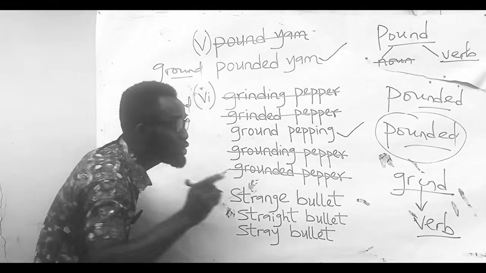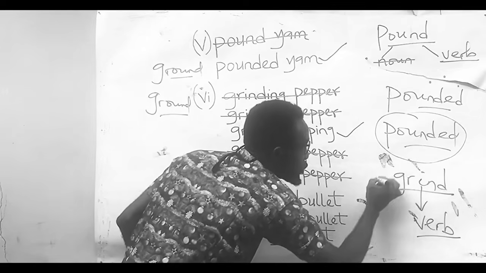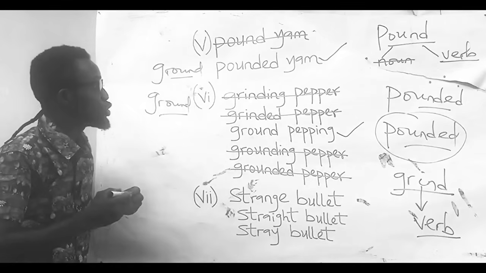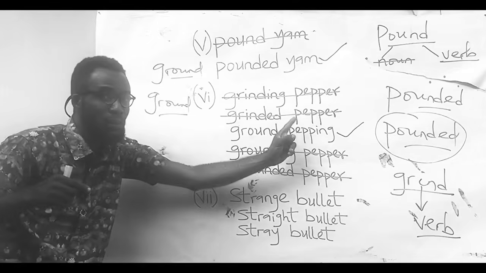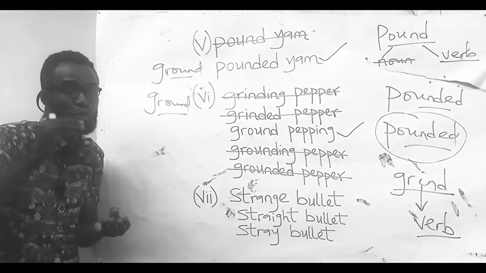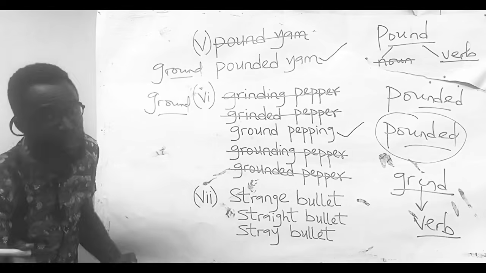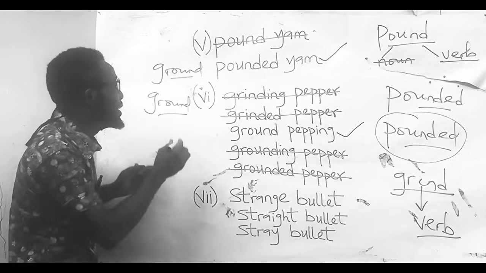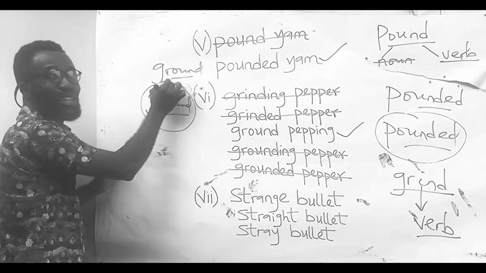So if we decide to use this verbal word grind adjectively to qualify the noun pepper, to show that the pepper has already been reduced to small particles or powder by crushing it, we are expected to use the past participle. That is the rule.